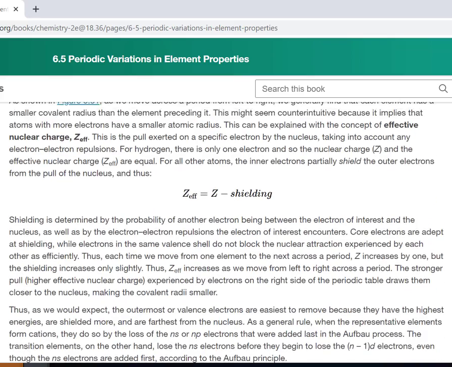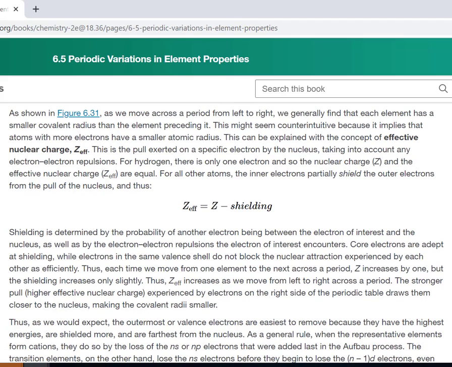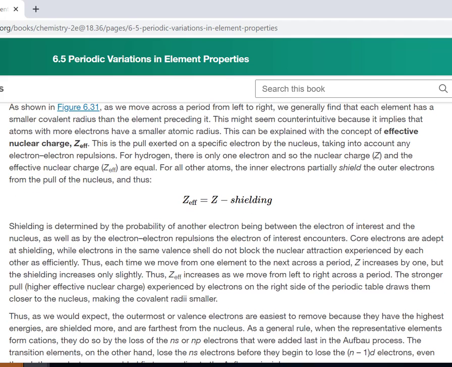Now it's not exactly +6. There is some partial shielding going on. We're not going to care about that in this class. That's something you would learn at a higher level if it becomes important to you. But the idea is that as you increase the number of valence electrons, you're also increasing the charge each one of those electrons feels, so the nucleus is able to pull them closer together.